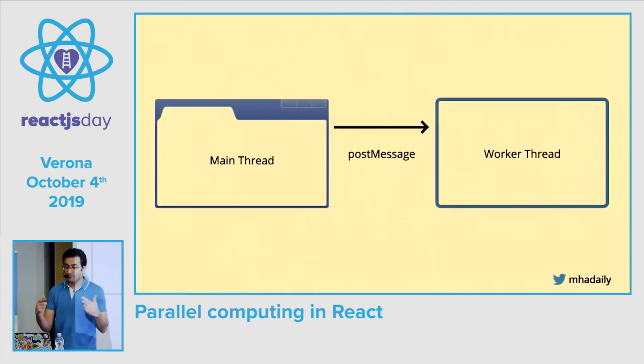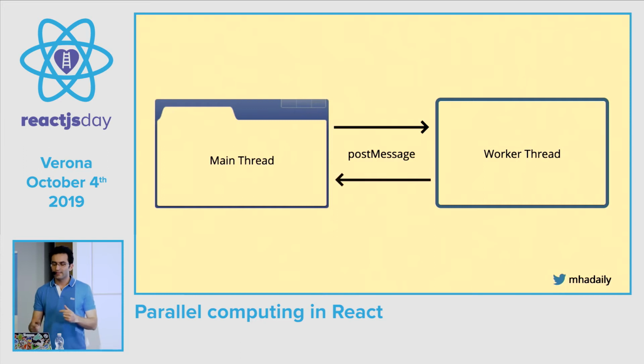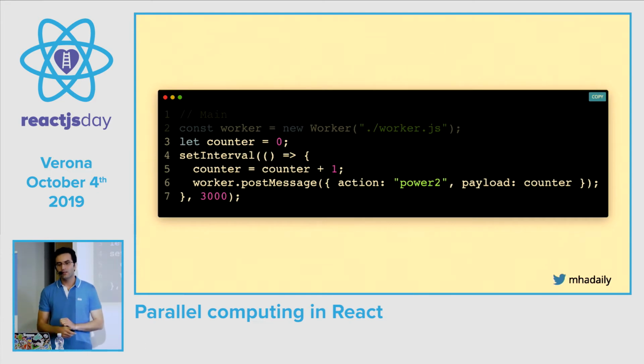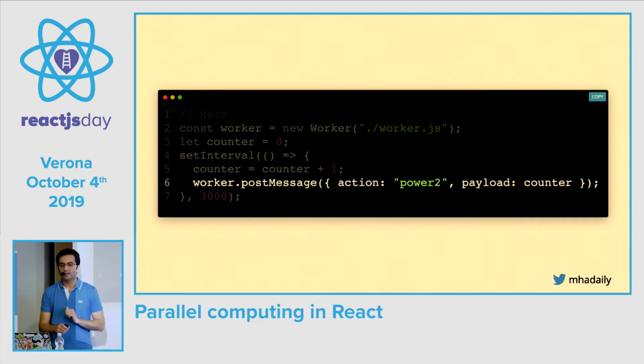It's very easy. Just to be on the same page, you have a main thread and you have a worker thread. They communicate through postMessage, right? Let's see it in code a little bit. As developers, we construct a JavaScript worker with the Worker constructor. Then you need to post some data to your worker.